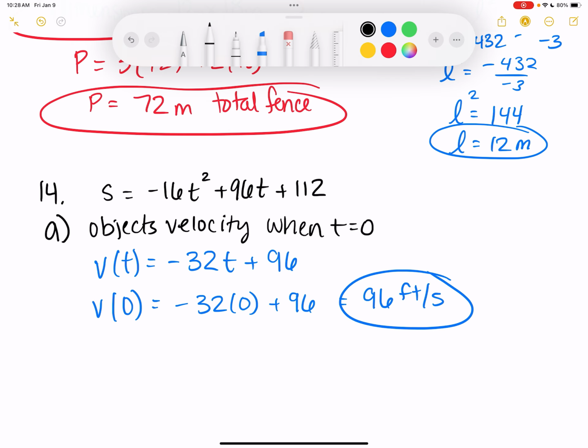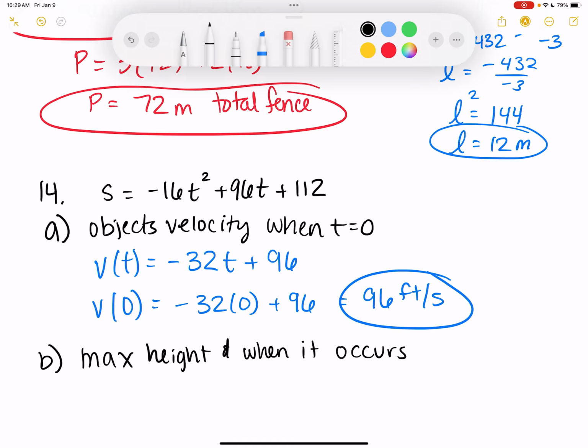Part B says to find its max height and when it occurs. So this is where the optimizing part technically comes in. If we take the velocity equation and set it equal to 0, that hopefully will make sense if you remember that at the top, it's going to momentarily be 0.